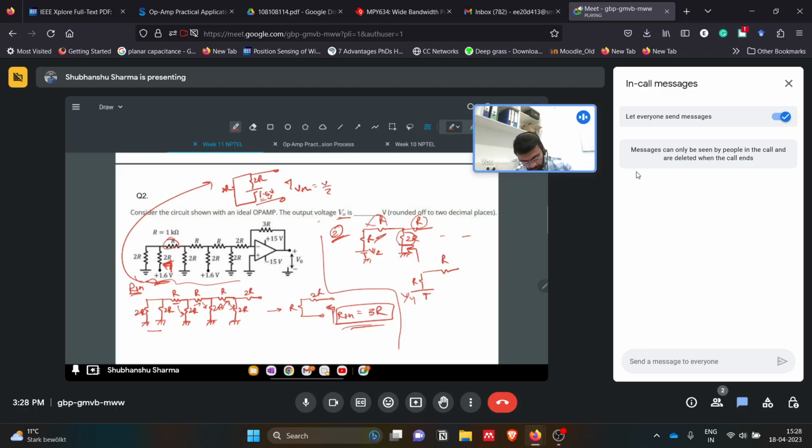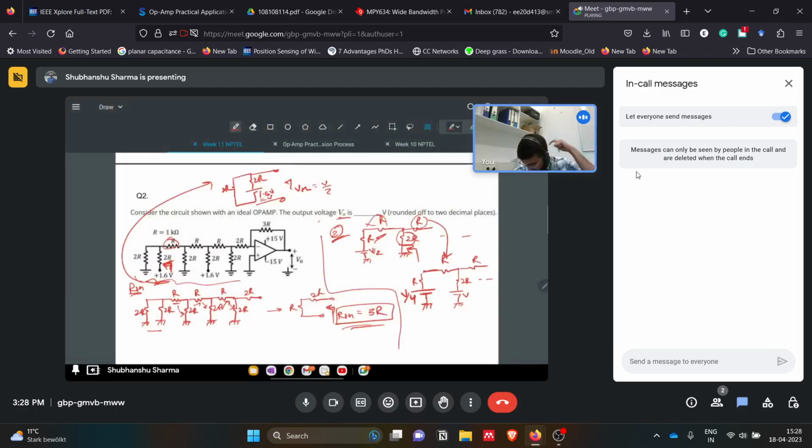So this is V by 4. Then after that we have again this 2R, a V voltage, and R, and so on.